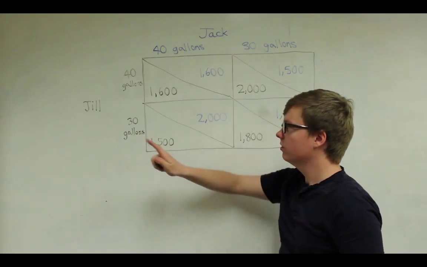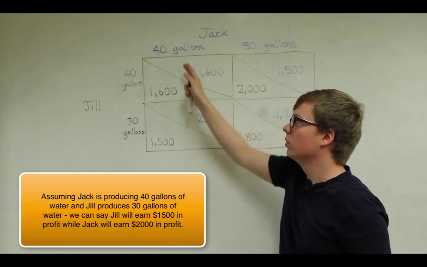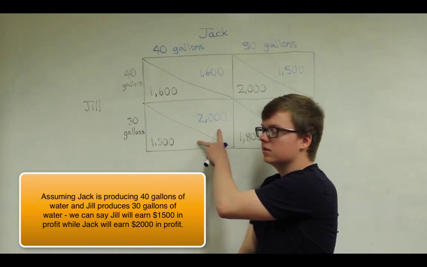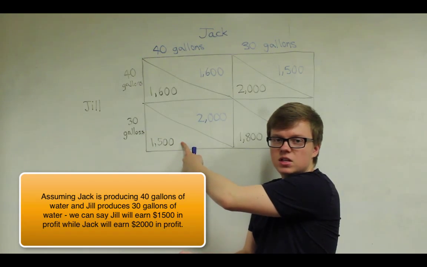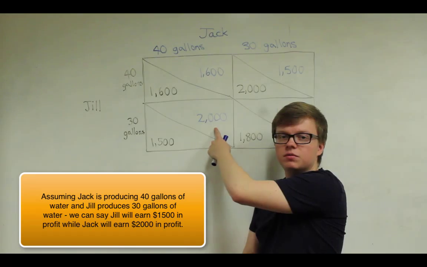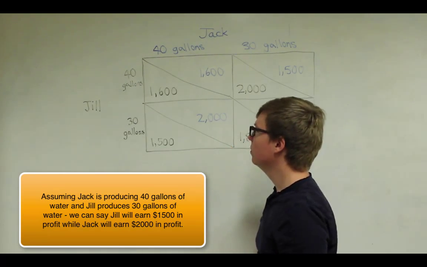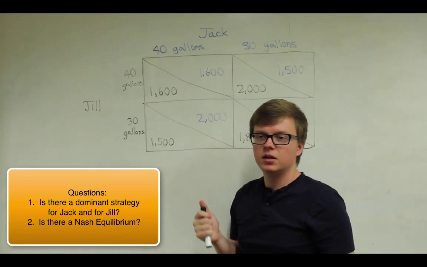So, for example, if Jill sells 30 gallons and Jack sells 40 gallons, then this is the result, and we would say that Jill gets a profit of $1,500, we're just going to assume these are dollars, and Jack gets a profit of $2,000.